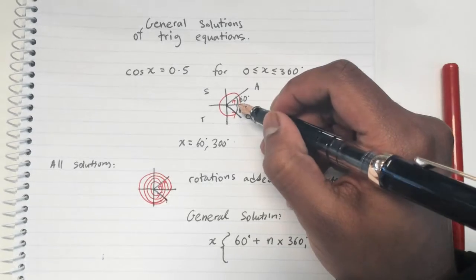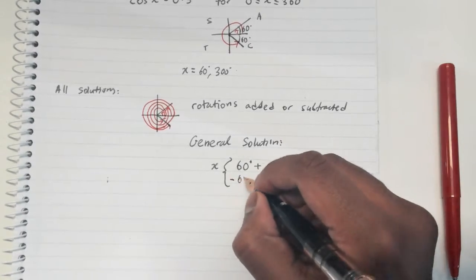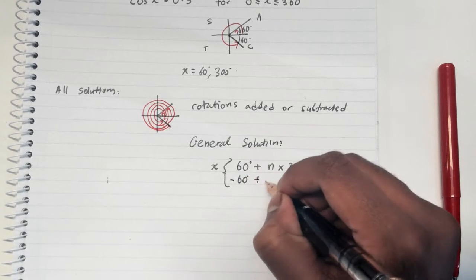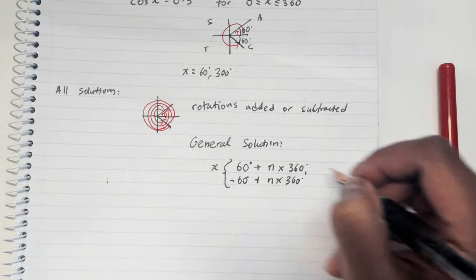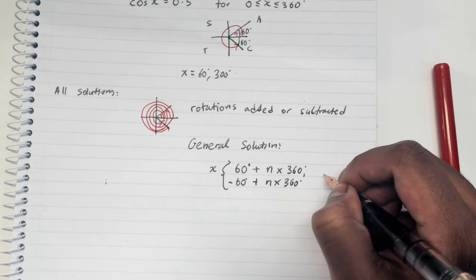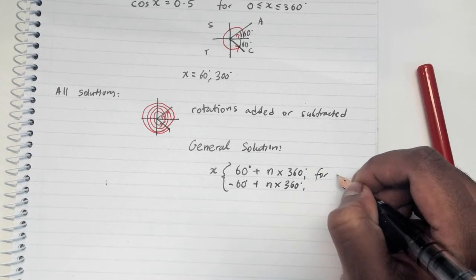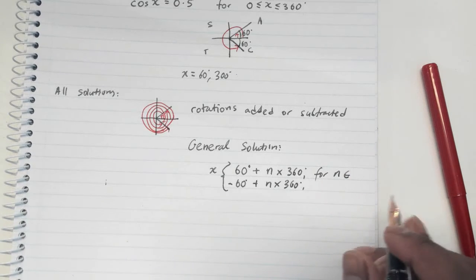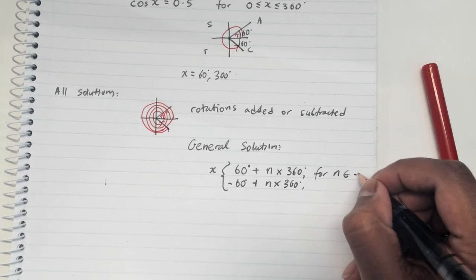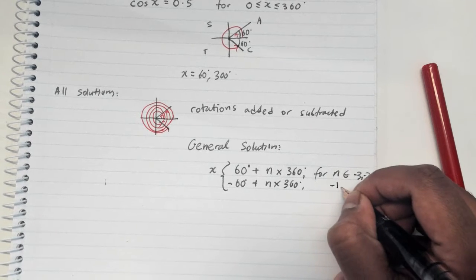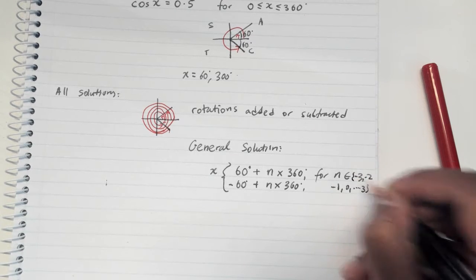We can also go down, go into the negatives, and we also have a multiple of 360. So n has to be an element of all the negative and positive whole numbers, like -3, -2, -1, 0, all the way to wherever.